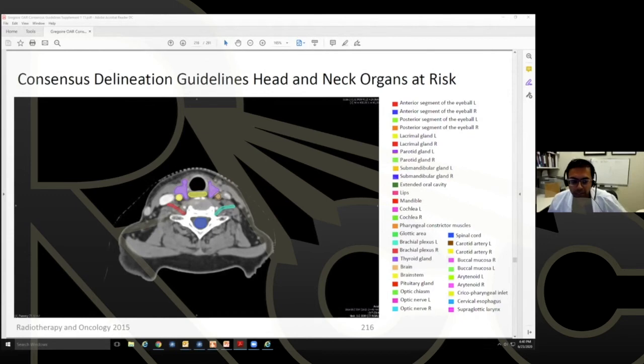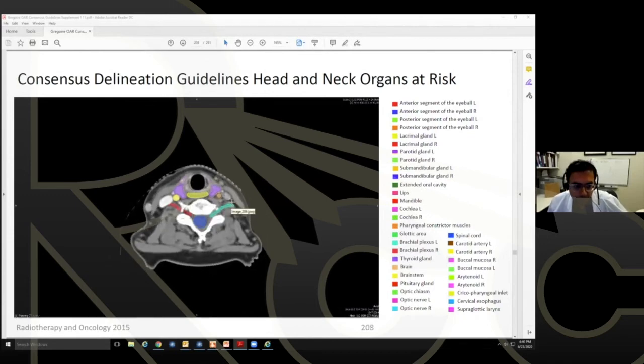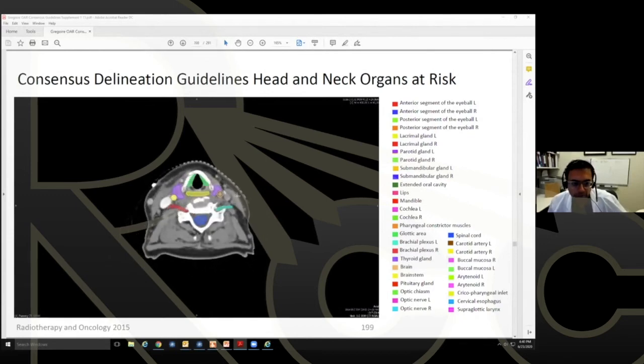But now if I have a lymph node here in level 3, I am still going to deliver 70 gray to that lymph node. I am not going to reduce my dose to try to spare the brachial plexus there. All I will do is counsel the patient on potential risks there.